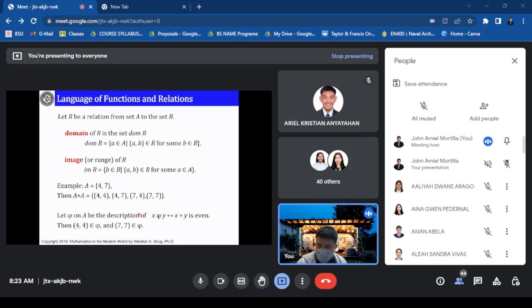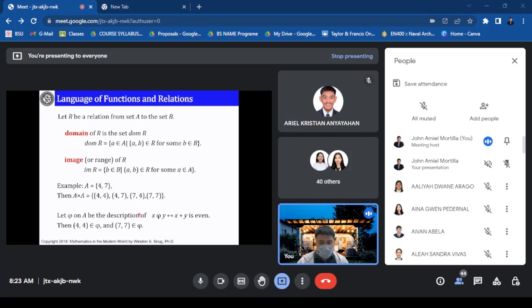Let the symbol on A be a description of X and Y. Let the relation on A be the description of X, relation Y, if and only if X plus Y is even.